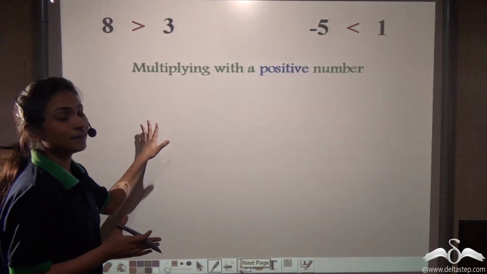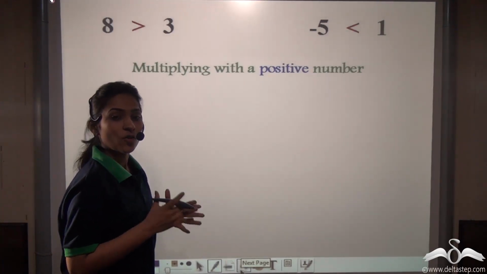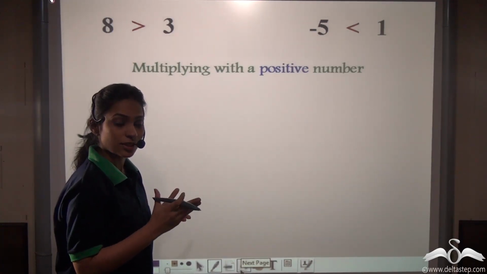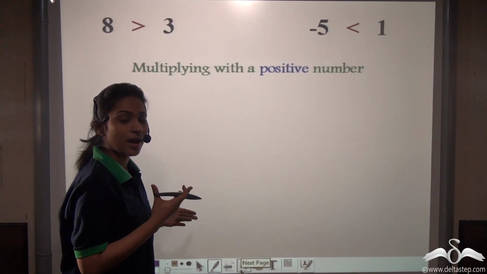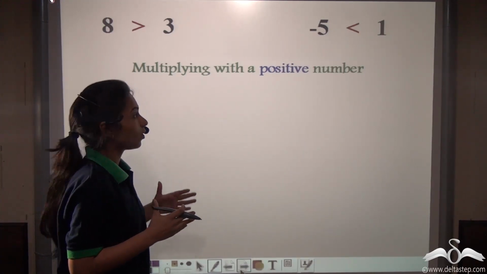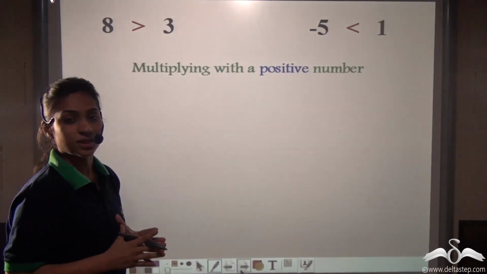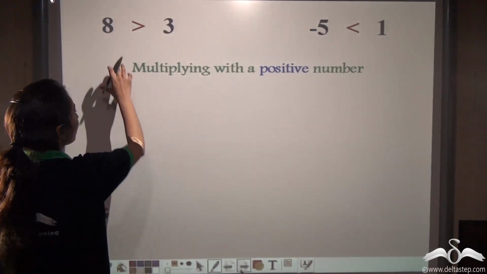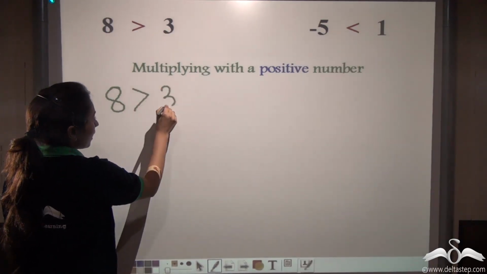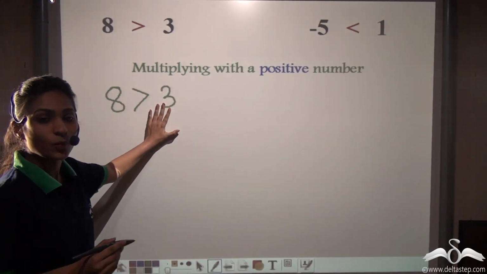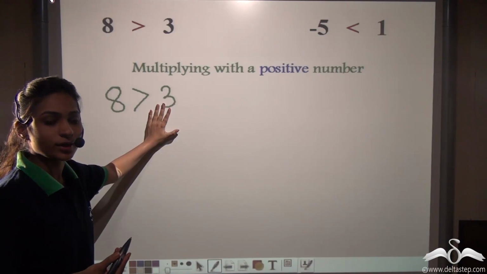Now what about multiplying with a positive number? We have done adding a positive number, adding a negative number, subtracting a positive number and subtracting a negative number. What about multiplying with a positive number? Let's see. 8, which is greater than 3. Let us multiply both sides with, say, any positive number. You can take 2.